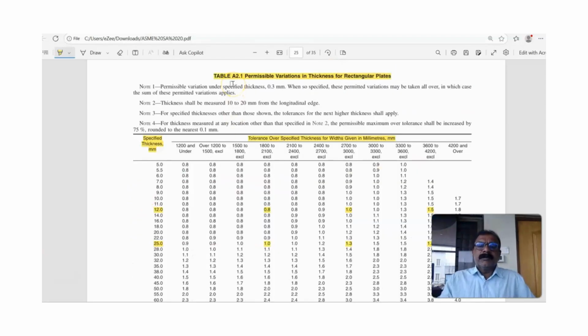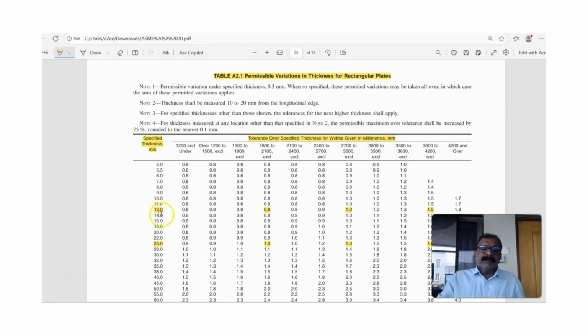So this is our table A2.1. This is tolerance in thickness for rectangular plate. The table is very easy to understand. The first column is specified thickness in millimeters, and then these columns are tolerance over specified thickness for the width given in millimeters. These are the widths.